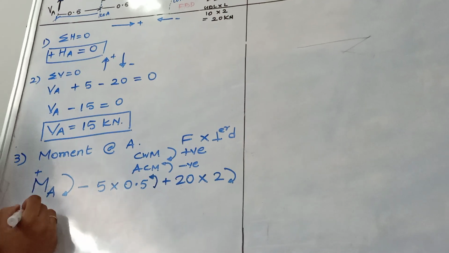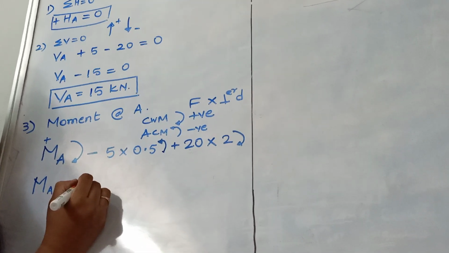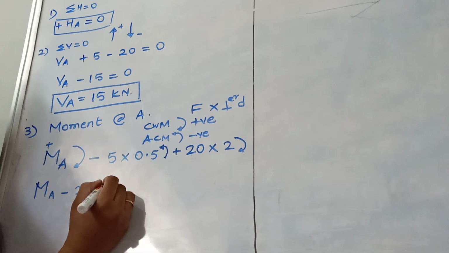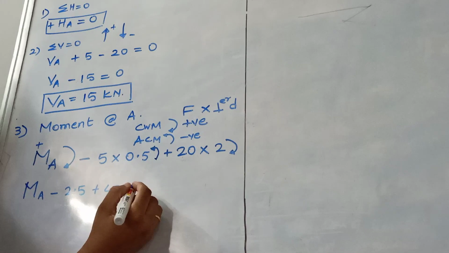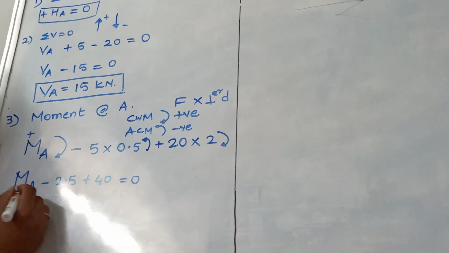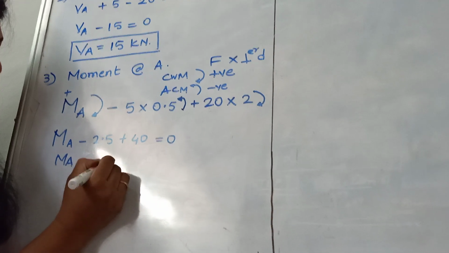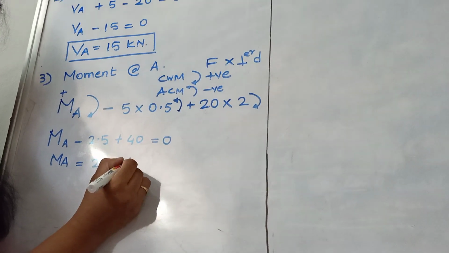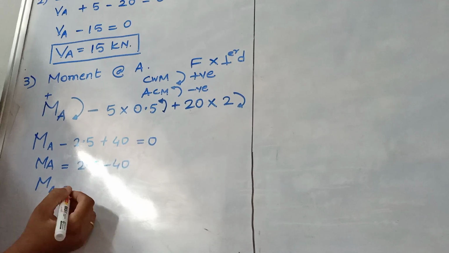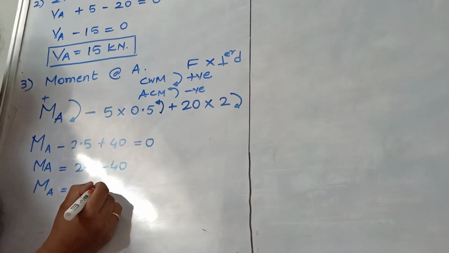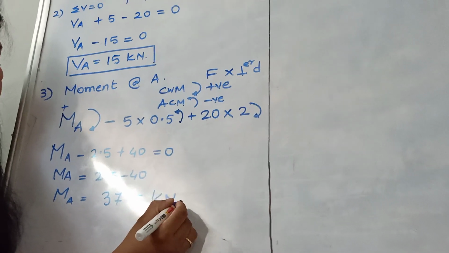Okay. So MA minus 2.5 plus 40. Okay. So that is equal to 0. So MA is equal to 2.5 minus 40. So MA comes out to be 37.5 kilonewton meter.